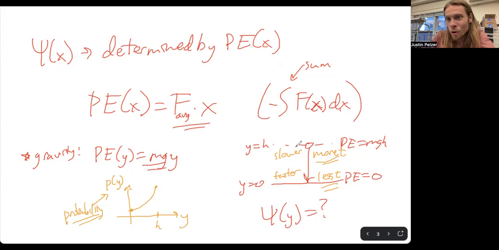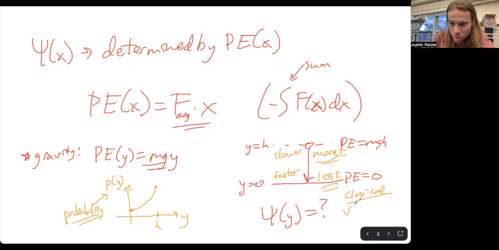Say I didn't know when I dropped it and I wanted to randomly choose a moment in time. Well, it's more likely I find it up here than here because by the time it's falling, it's spending more time here and less time here. That's not the best way of looking at it from a classical perspective because in the classical, it's known where it is. It's not a probability.